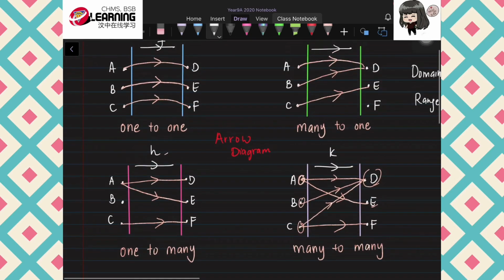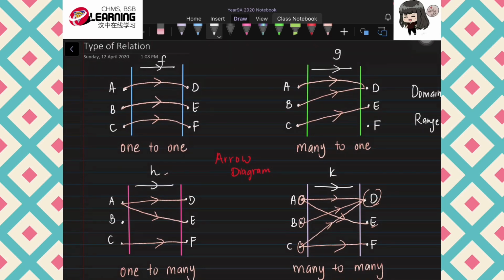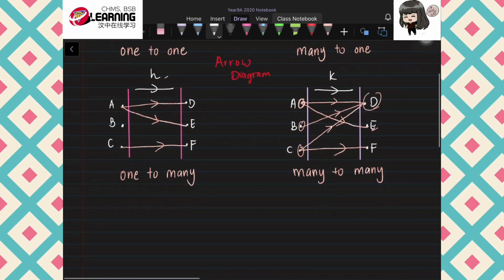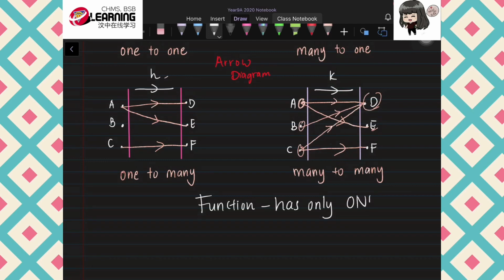Okay, it's only called function when it has only one output. It can have many inputs but not many outputs.